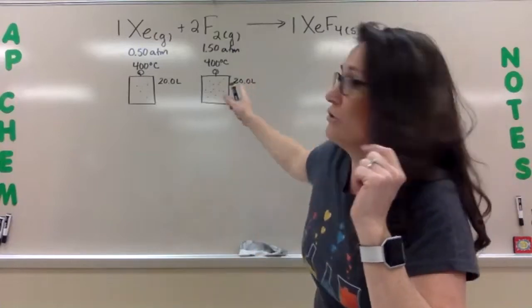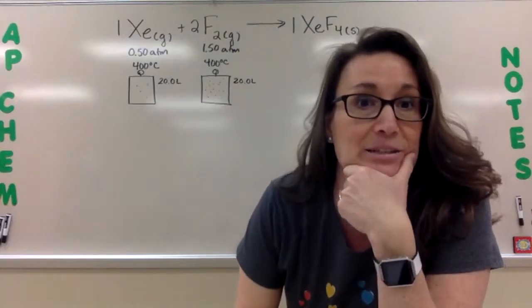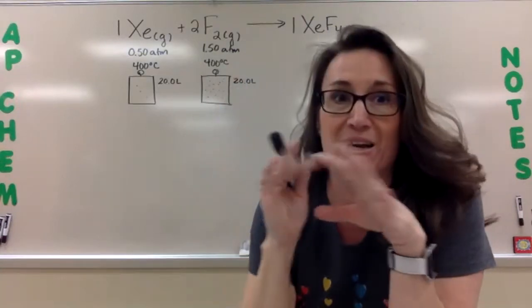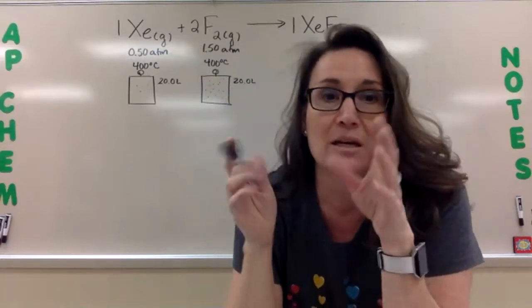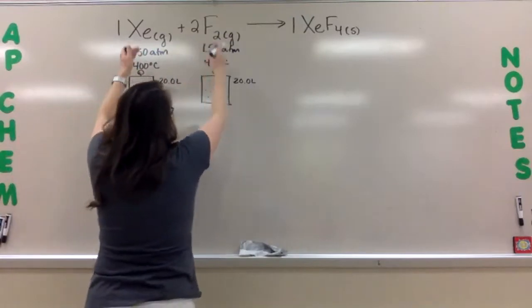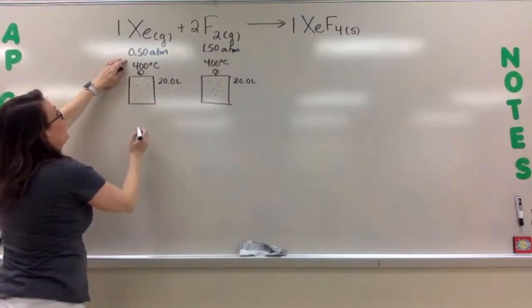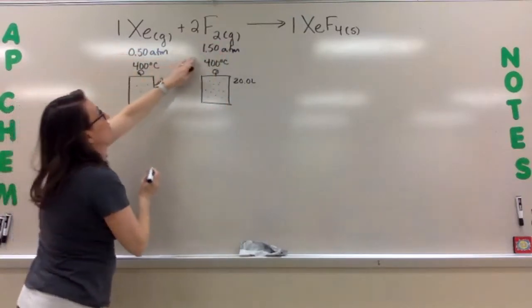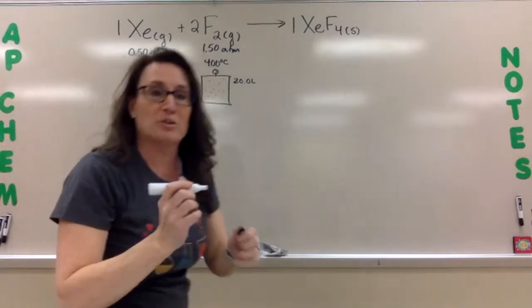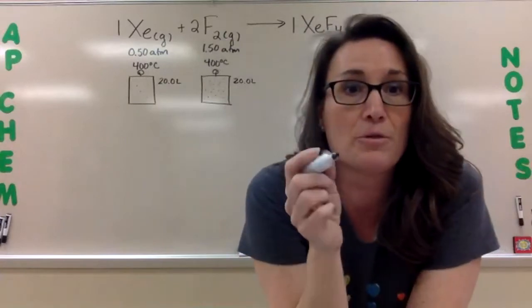So what we need to do is figure out which one of these gases is the limiting. Now it's a 1-to-2 ratio, so I'm just going to kind of go for it because we just did limiting excess. The pressure unit relates to the moles. Okay, so the moles here is less than the moles here. So what I'm going to do is just say, how much bigger is 1.5 compared to 0.5? 3, right?